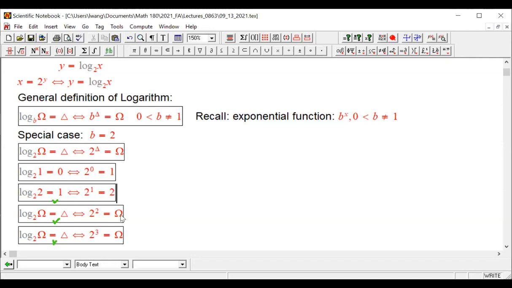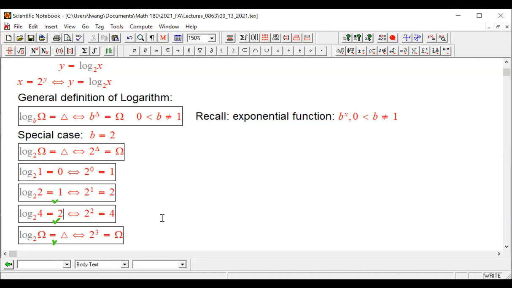Yes. 2 to the power of 2 is 4. In other words, log base 2 of 4 is 2. You follow me?